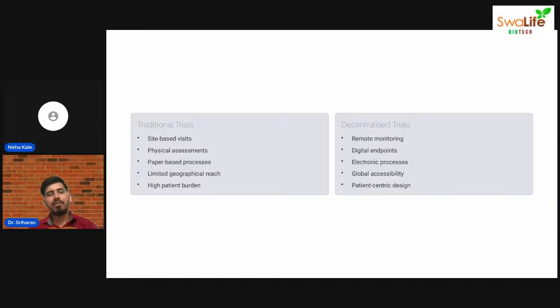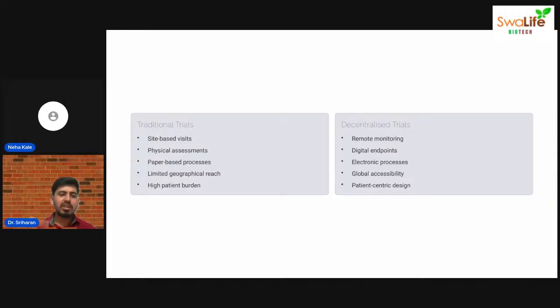It means someone from outside the geographical location, or a mental health patient with severe social anxiety, is someone we can't reach. High patient burden here means travel, because the research does not take place in one or two days. It is a long process that takes place over months.